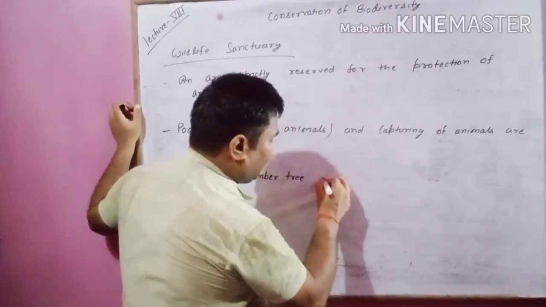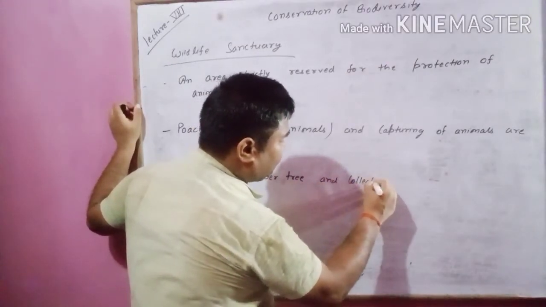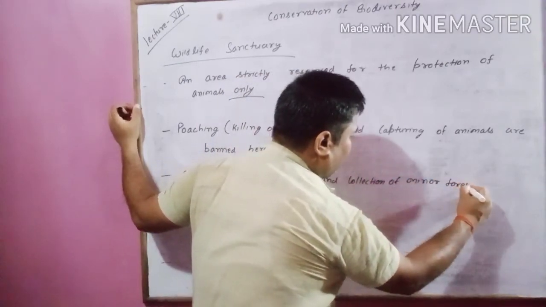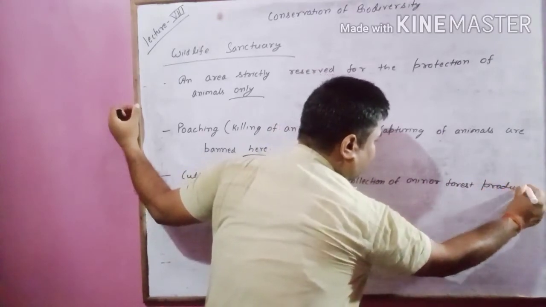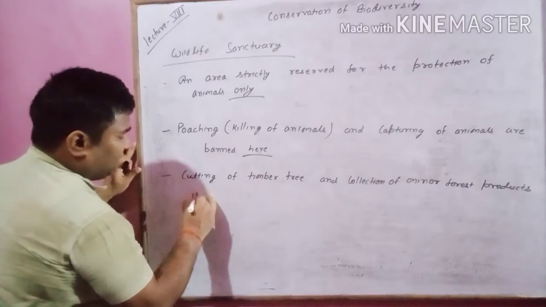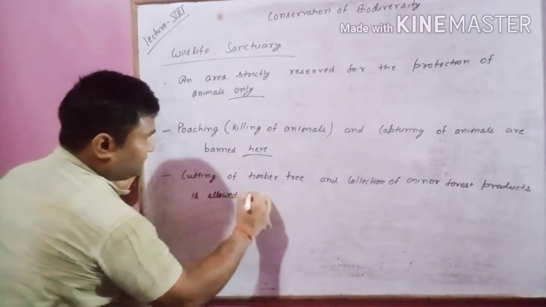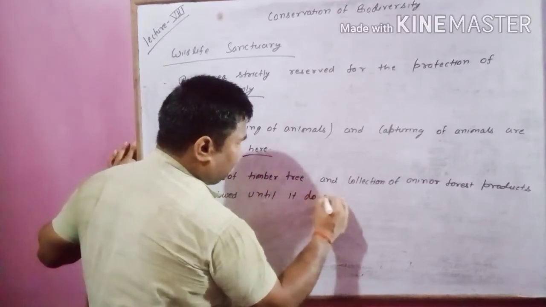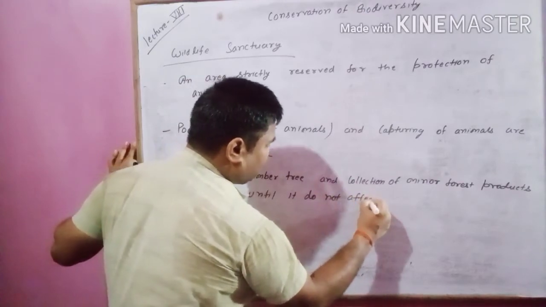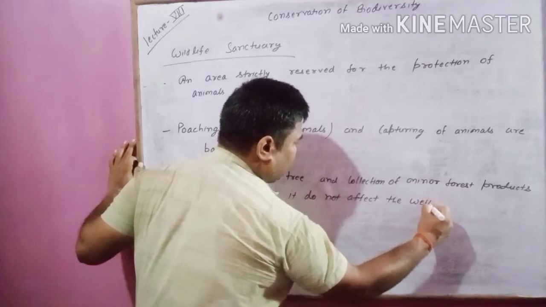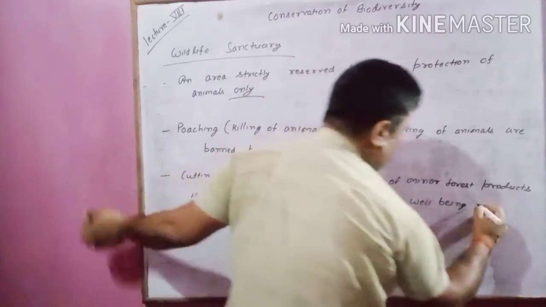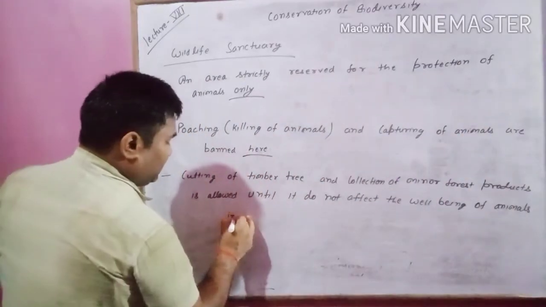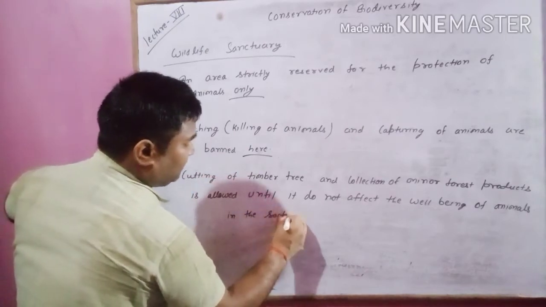So cutting of timber trees and collection of minor forest products is allowed until it does not affect the well-being of animals in the sanctuary.